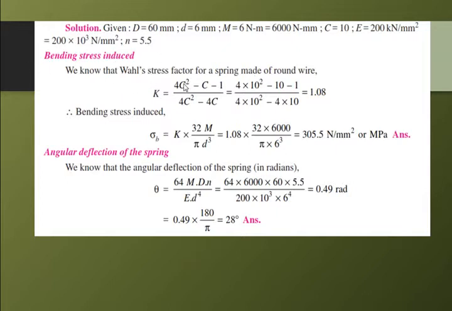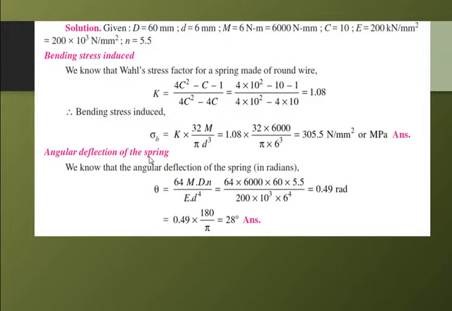You know that the wall stress factor K is equal to (4C² − C − 1) / (4C² − 4C). By substituting the C value here, you will get the wall stress factor as 1.08, and we know that sigma B is equal to 32 M by pi d cube into K. If you substitute K, M and d values here, we will get the bending stress sigma B as 305.5 Newton per mm square, or 305.5 megapascal.